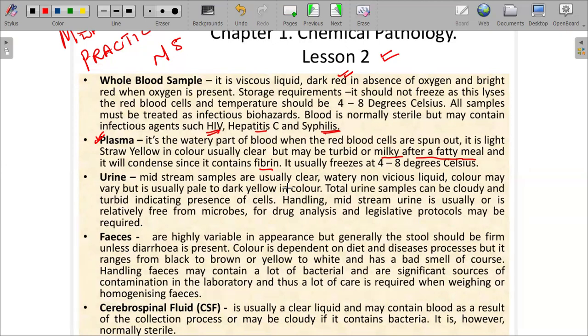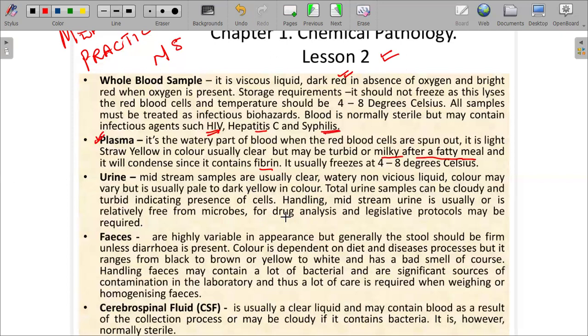If you remember from the previous lessons, midstream urine is collected whenever we are talking about pathological examination, because it is clear and gives the reliable results that we would want. Total urine samples can be cloudy, indicating presence of cells.